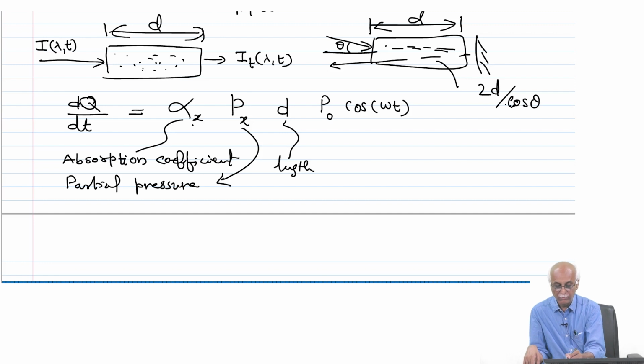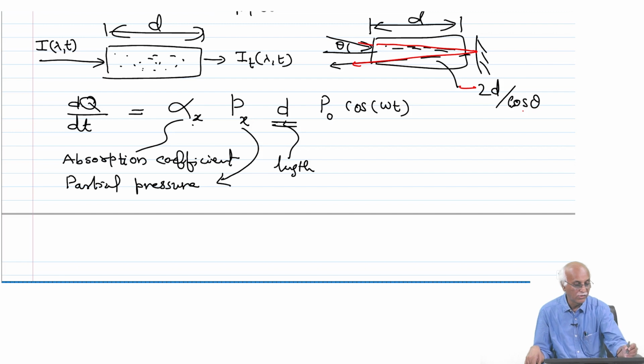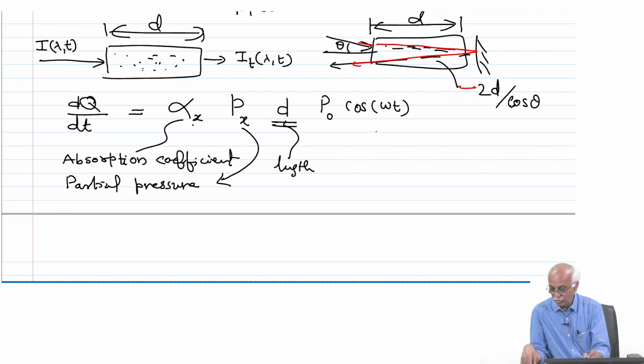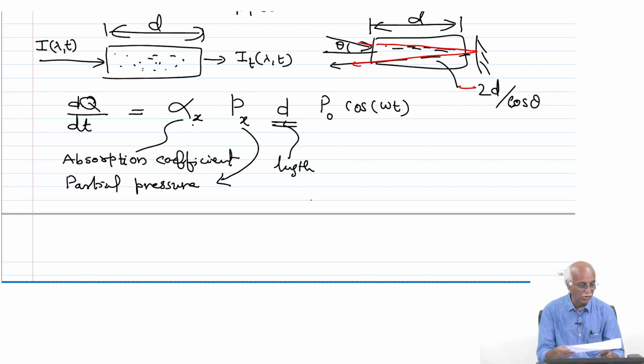It improves the absorption. If it is a single pass, the path length is just d. If it is a double pass with a very small angle theta, the path length increases accordingly, so d becomes 2d divided by cosine theta. This is the amount of heat generated, which can be given by this form.